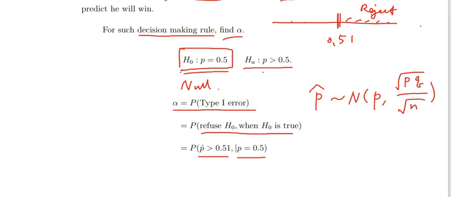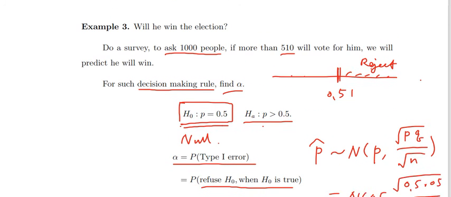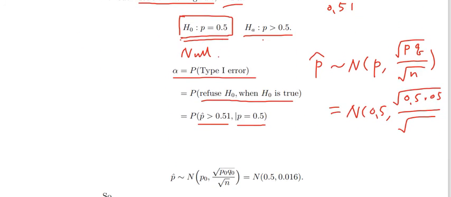Let's say P equals 0.5, Q is also 0.5. And n is how many people we check. The sample size is 1,000. So n is 1,000.